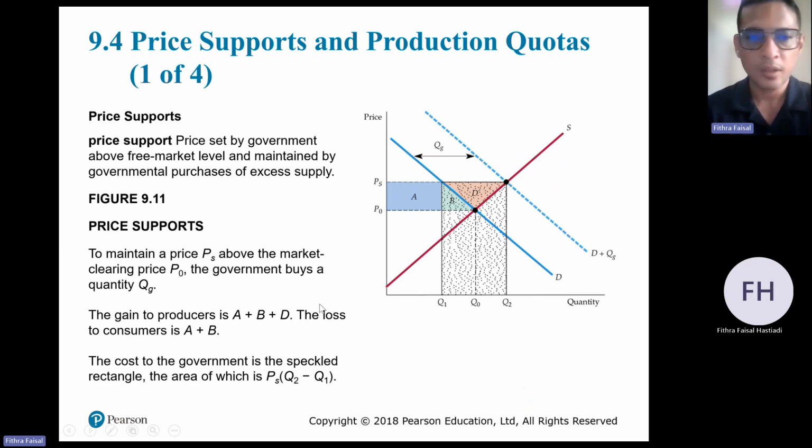And the loss of the consumers should be A and B, still A and B. The area below the demand curve over here, A and B, should still be part of the consumer loss, because the higher price means it is taking away the consumer surplus. So the total welfare gain should be here.